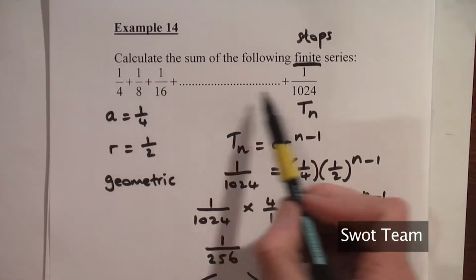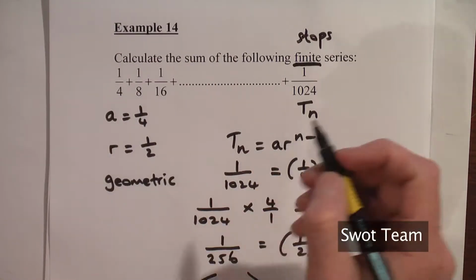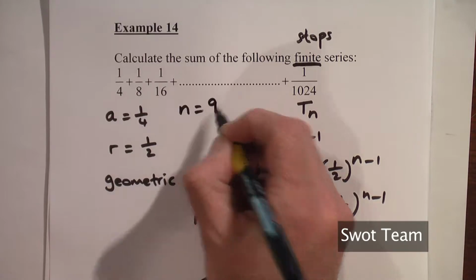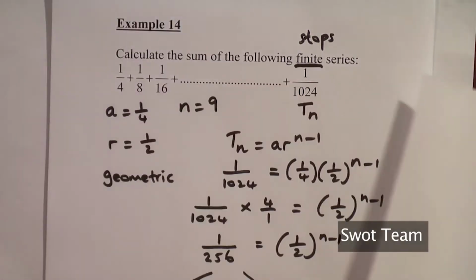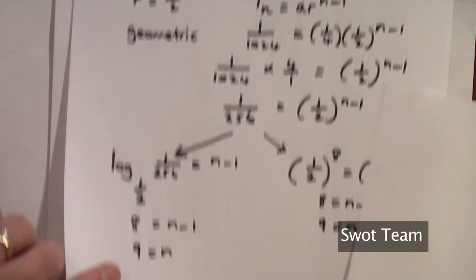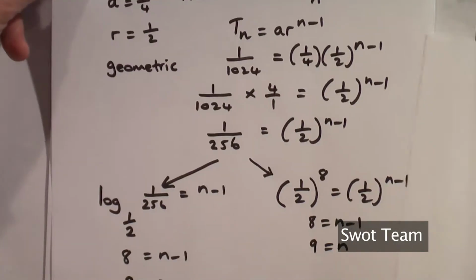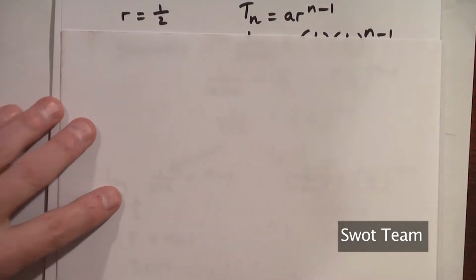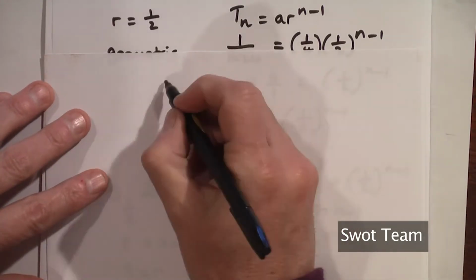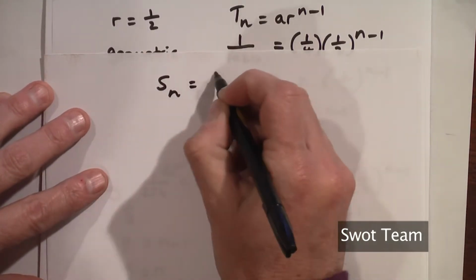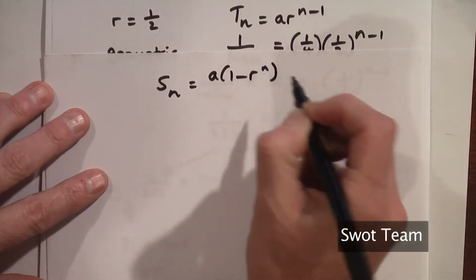Now have a look there. There's the series, there's a and r. We now know that n is equal to 9. So the question now arises is how do we find the sum of the first 9 terms? Okay, now if you have a look at this, you'll notice that your constant ratio is also less than 1. So we can say the sum to n terms is a times 1 minus r to the n, over 1 minus r.